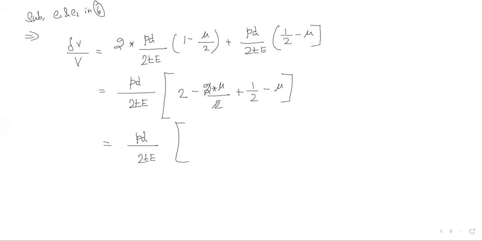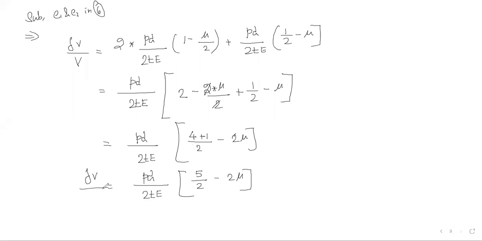And here if I take LCM 2, it becomes 2 into 2 is 4 plus 1 minus, here 1 mu and here 1 mu, so 2 mu. So it becomes PD divided by 2 times E into 5 by 2 minus 2 mu. So this is the formula for change in volume by volume.